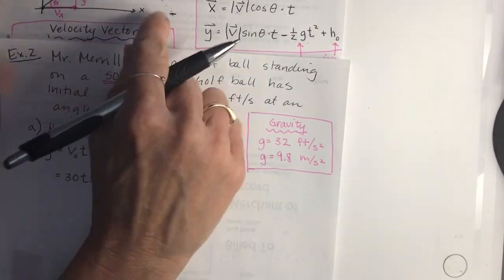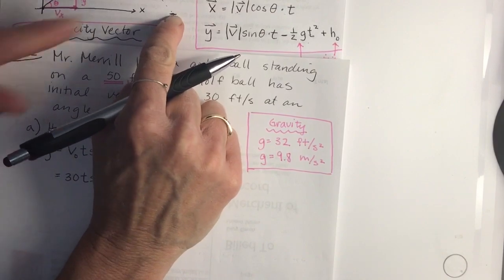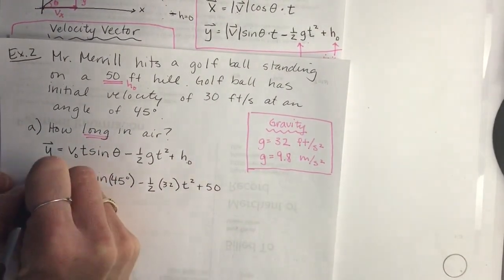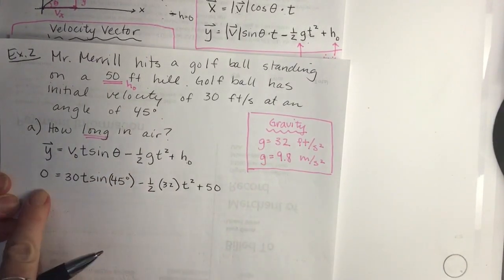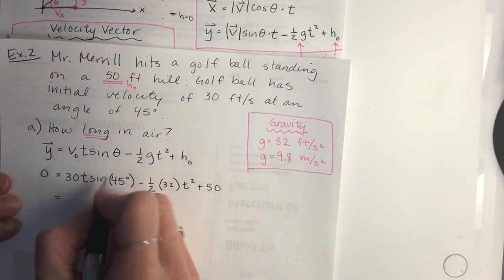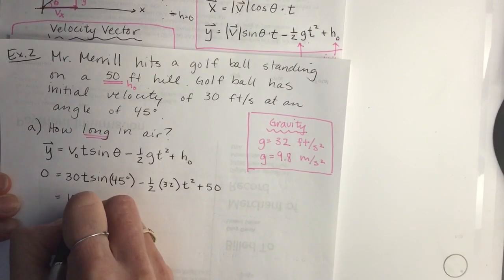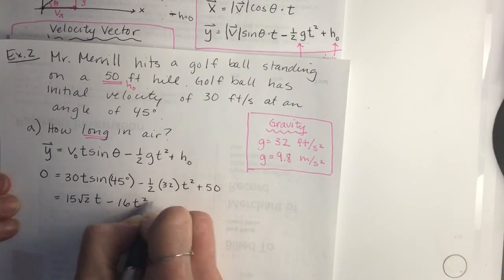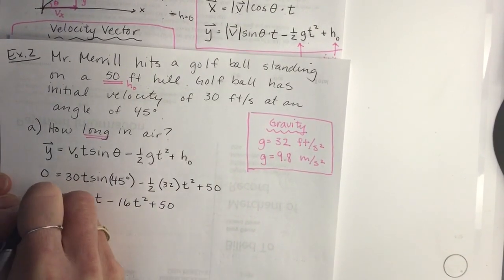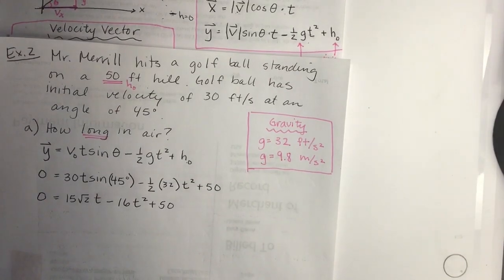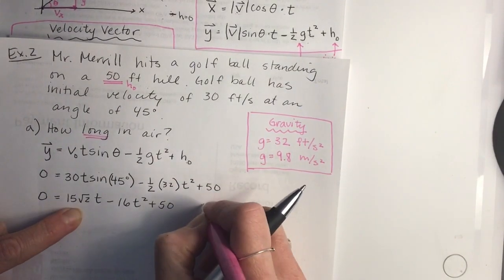If we want to know what t is when the height is back down at 0, we set this equal to 0. We can simplify this a bit. Sine of 45 is root 2 over 2, so that's 15 root 2 times t, minus 16t squared plus 50. This is not really factorable, so you're just going to use the calculator.